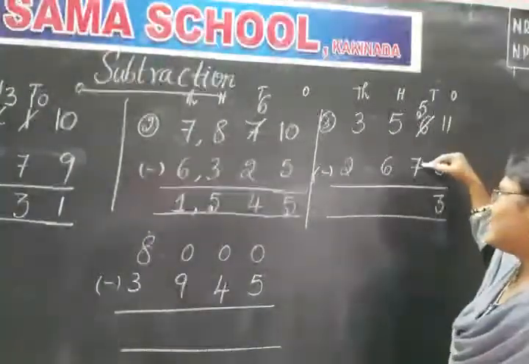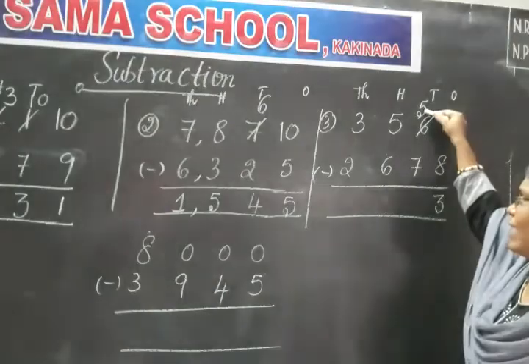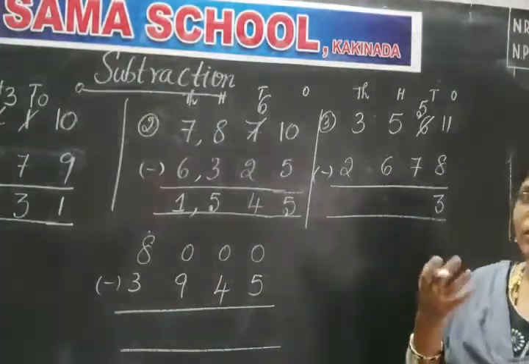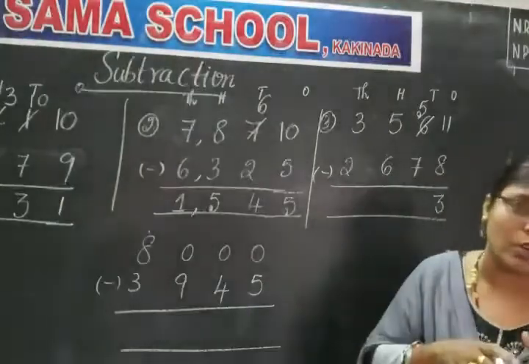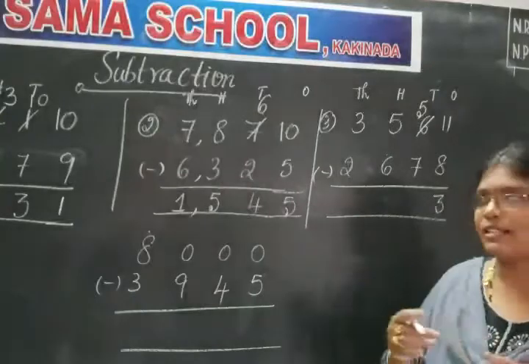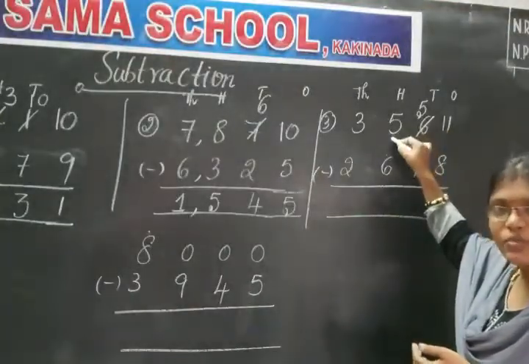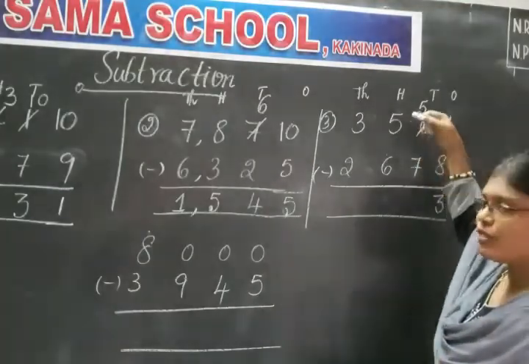Here what are the digits? As we have borrowed 1, it became 5. So 5 minus 7. Can we subtract 7 from 5? No. So what you have to do? Again you have to borrow from the next place. What is the next place? Hundreds place. And in hundreds place we have digit 5. So borrow 1 from 5.